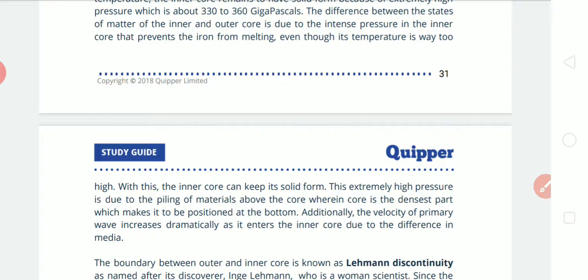Scientifically speaking, many scientists have proven that the inner core contains the densest materials among all the components of the layers of the Earth. It is in the inner core that you find the heaviest materials, which cannot be found in the other layers.